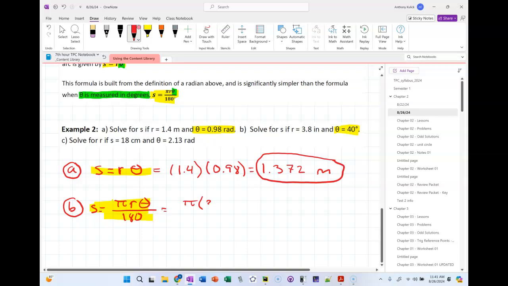So I'll plug in my R and my theta, and then I'll type this into my calculator.